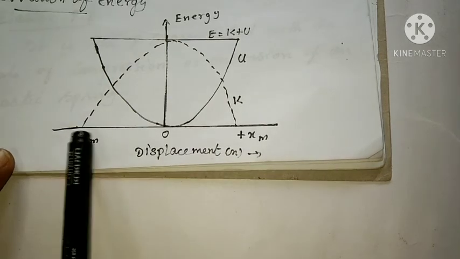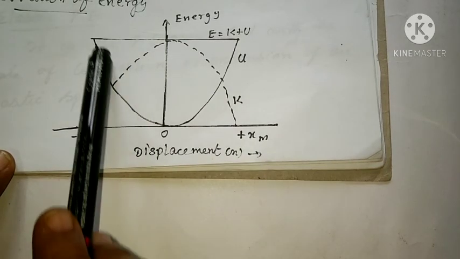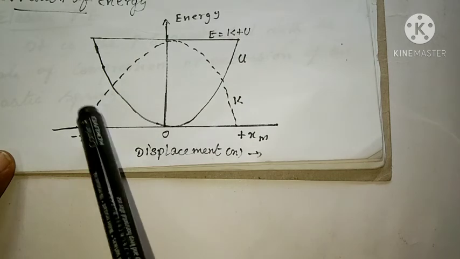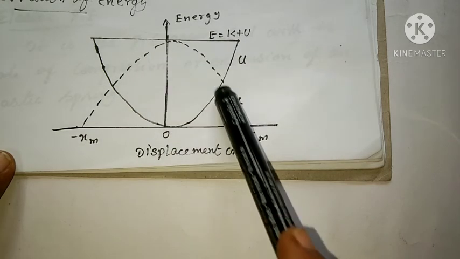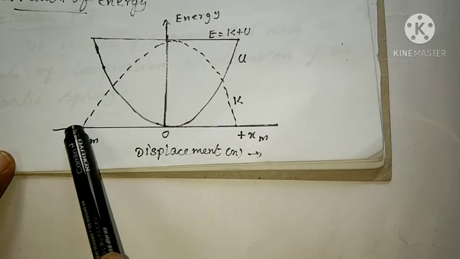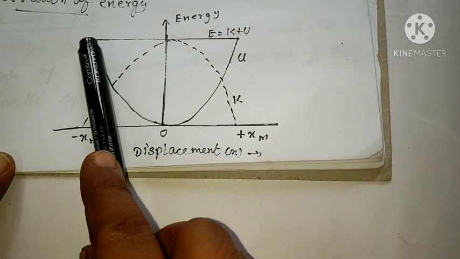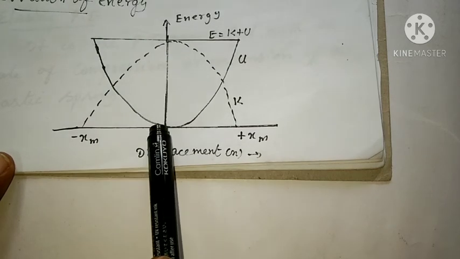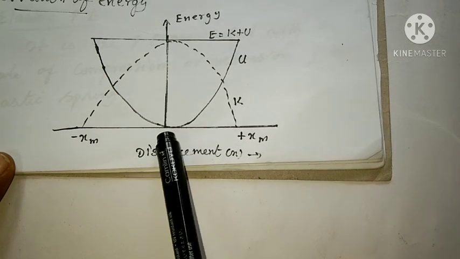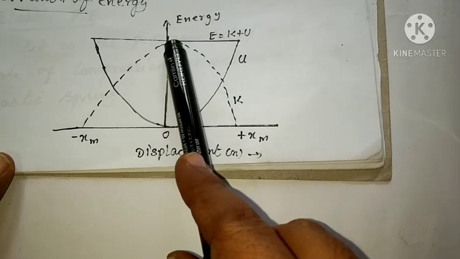In the extreme positions, this is the potential energy curve and this dotted line represents the kinetic energy curve. At the extreme positions, kinetic energy is 0 and potential energy is maximum. At the equilibrium position, potential energy is 0 and kinetic energy is maximum.